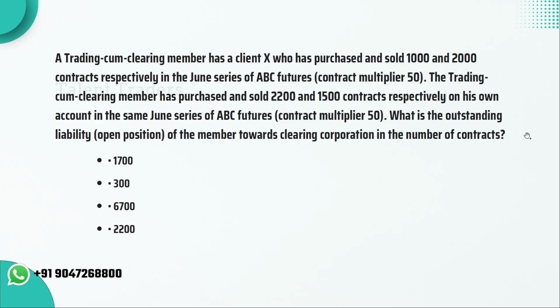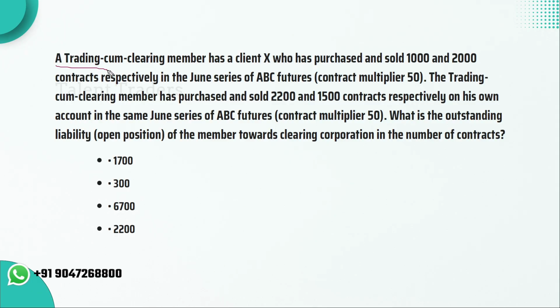So this is one more question, finding out the loss or profit of a trading cum clearing member who purchased and sold contracts, and what the number of outstanding contracts towards the clearing corporation should be.